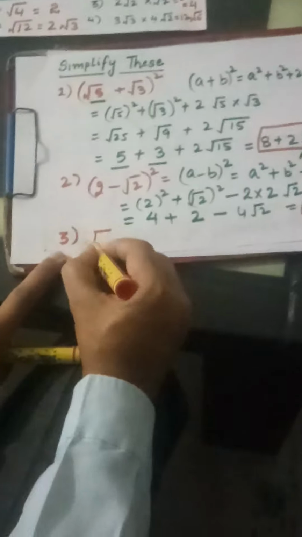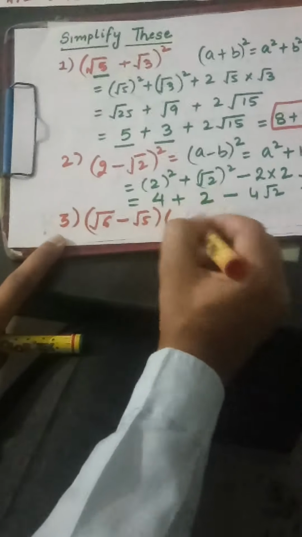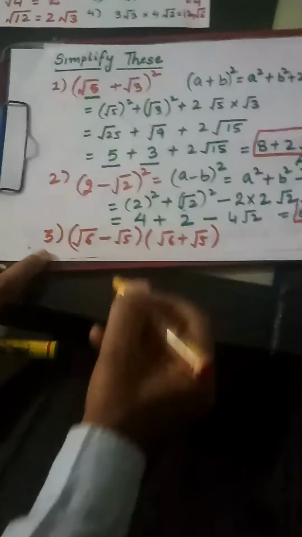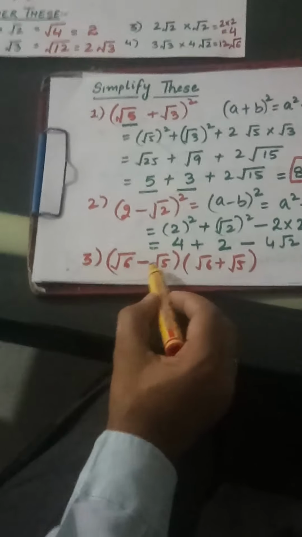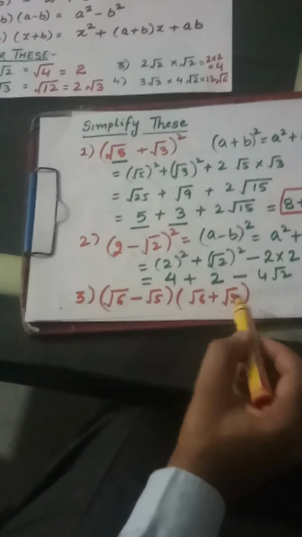Similarly, the third identity, which you must have done in class 8th also: (under root 6 minus under root 5) into (under root 6 plus under root 5), but that was not in the root. Now here you have the roots also, but you can just identify that it is in the form of (a minus b) and (a plus b), one factor in the minus and one factor in the plus.